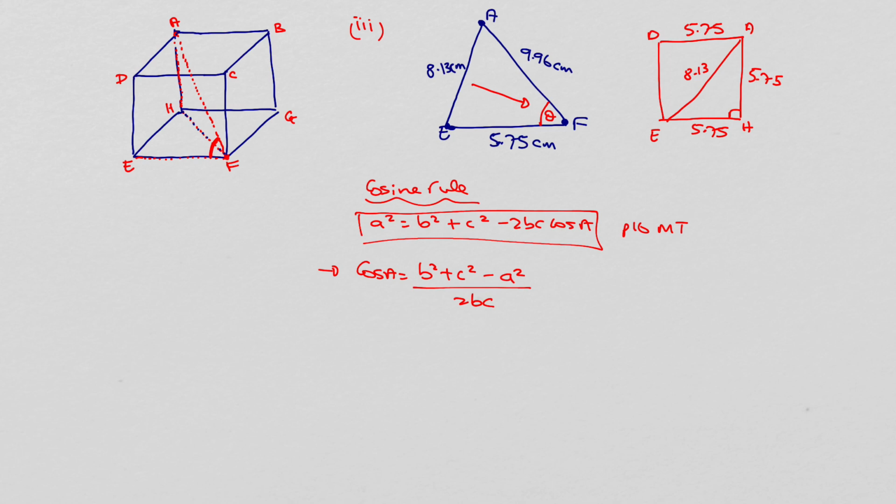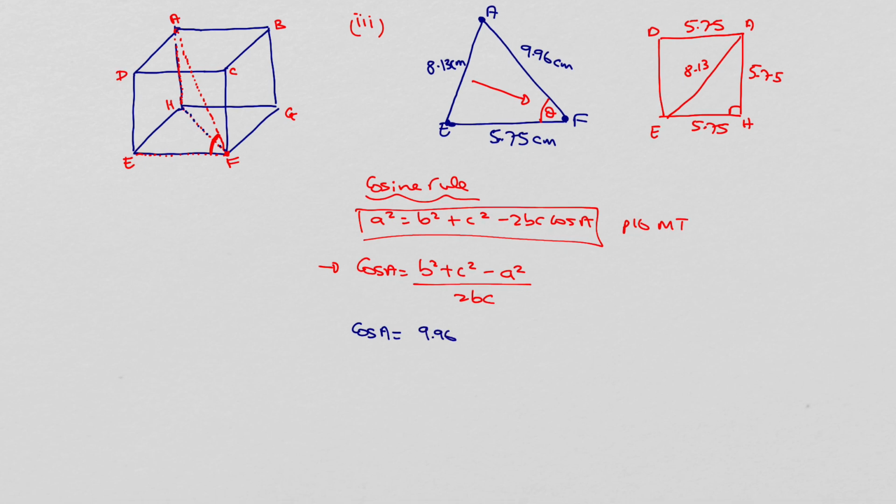And because I'm looking for the angle at F there, then the side opposite is going to be the A squared will be 8.13. And again, it doesn't matter which is B and which is C. So I have 9.96 squared, 5.75 squared, minus 8.13 squared, all over 2 times B times C.